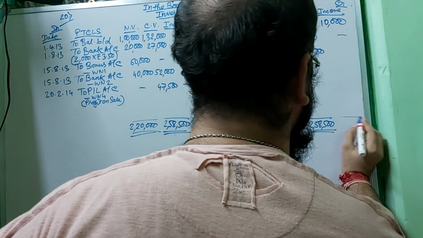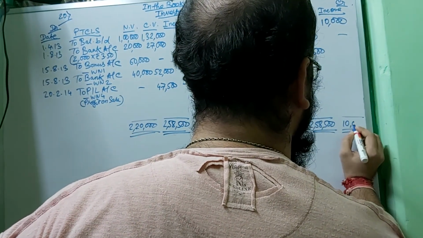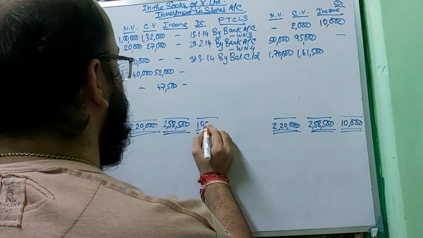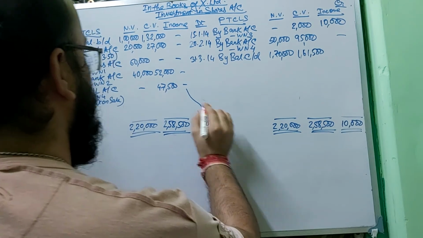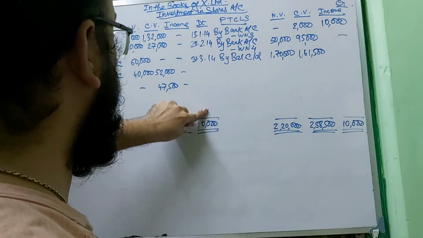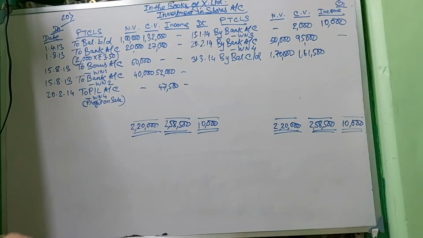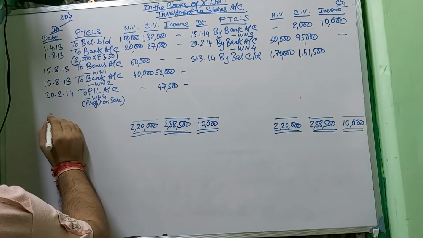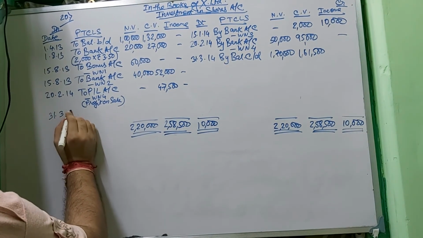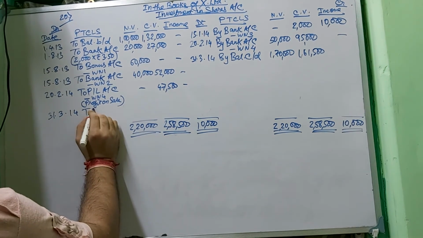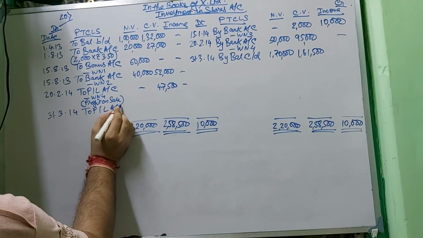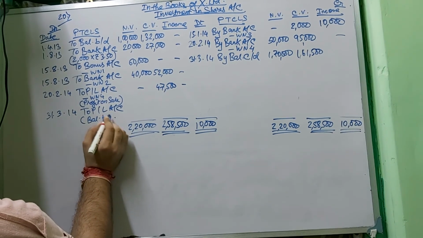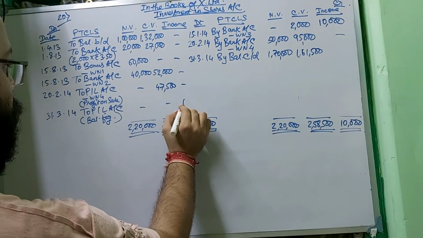Now 10,000 is your income or dividend. So 10,000 is your dividend. So the balancing figure will be 10,000 on 31/3/2014 to PL account. The balancing figure, you can easily calculate, is 10,000.